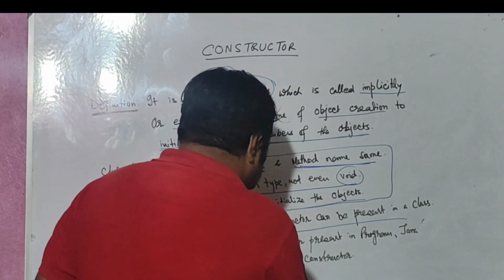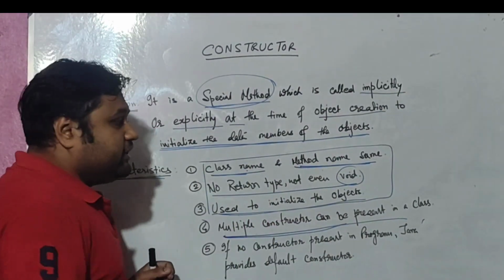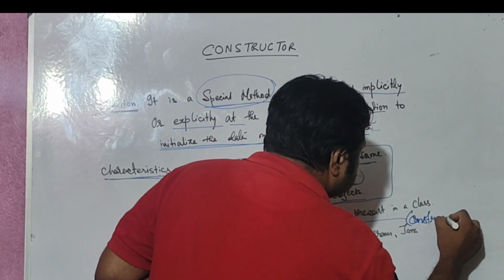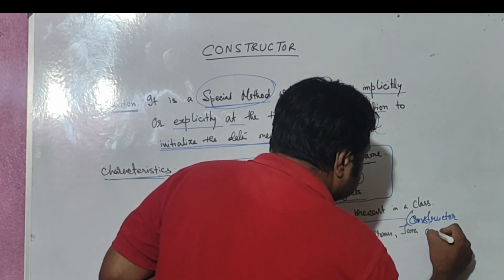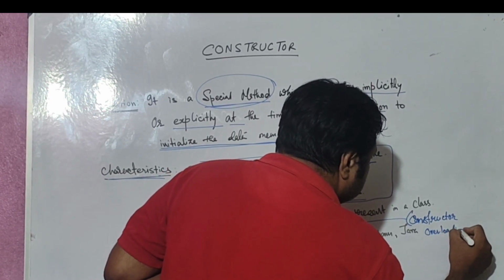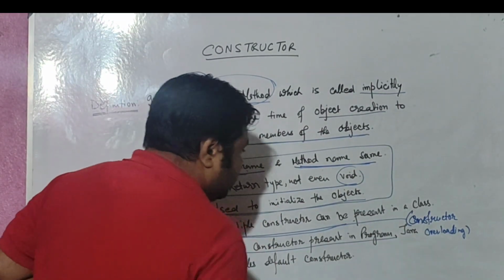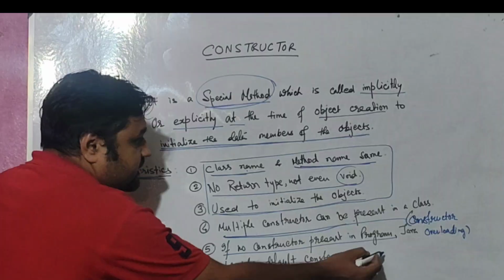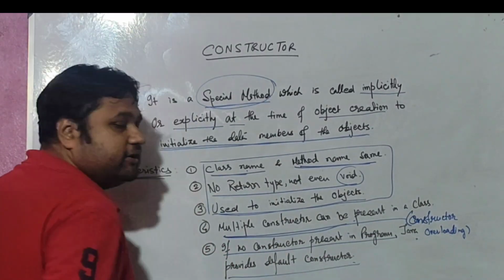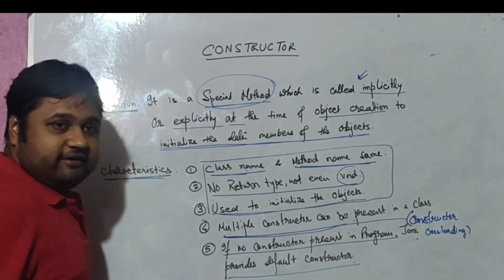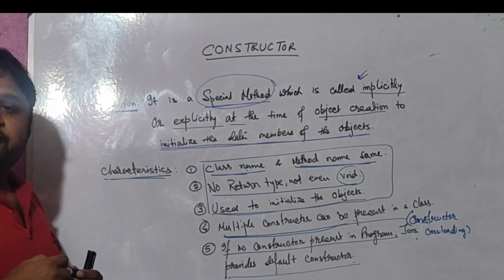So from here, constructor overloading is possible. Next, if there is no constructor present in the program, Java provides a default constructor. That is why I am saying implicitly. And when we are writing it, that is explicit.